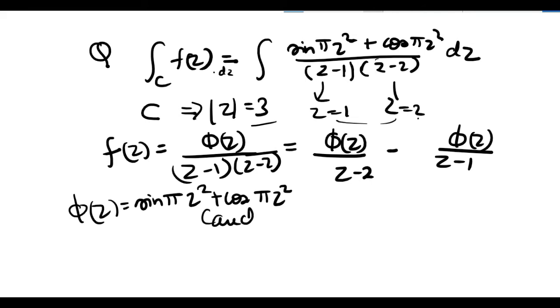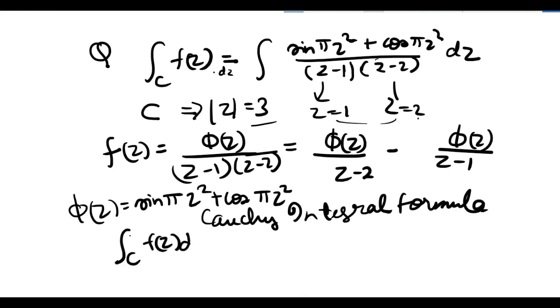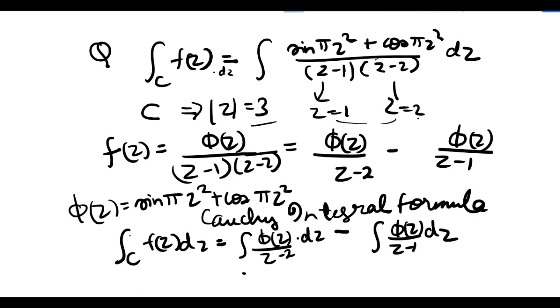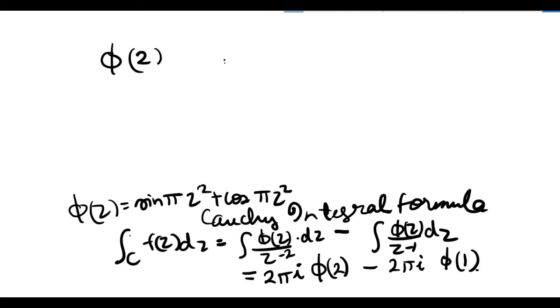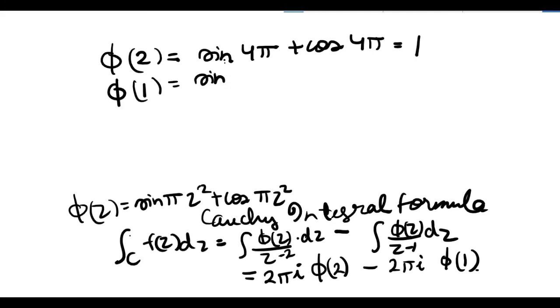So now by using Cauchy integral formula, the integration of f(z) dz is equal to the integration of phi(z) upon (z minus 2) minus phi(z) upon (z minus 1), which is equal to 2 pi i phi(2) minus 2 pi i phi(1). So phi(2) is equal to sin 4 pi plus cos 4 pi, which is equal to 1, and phi(1) is equal to sin pi plus cos pi, which is equal to minus 1.